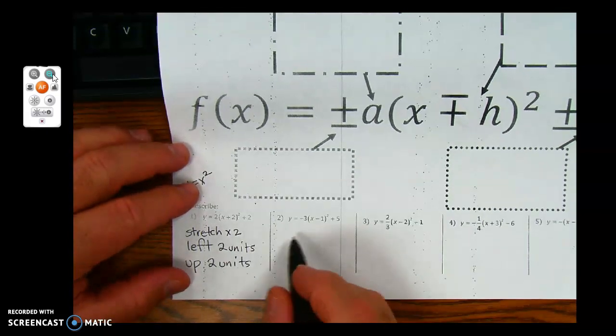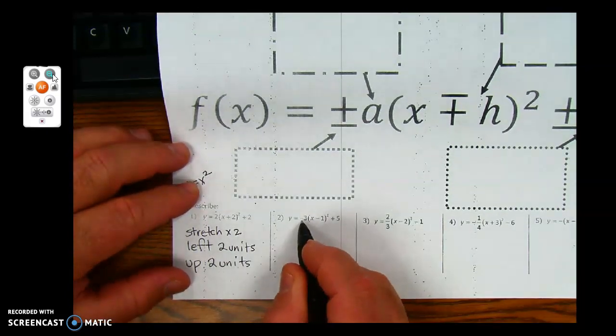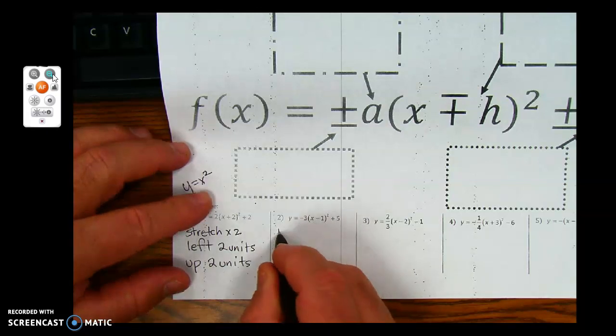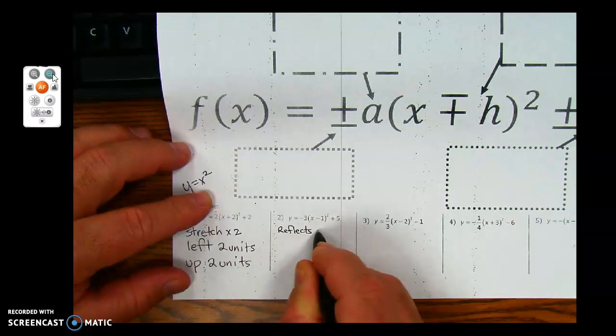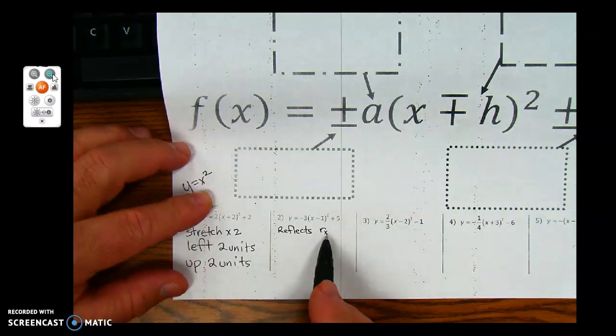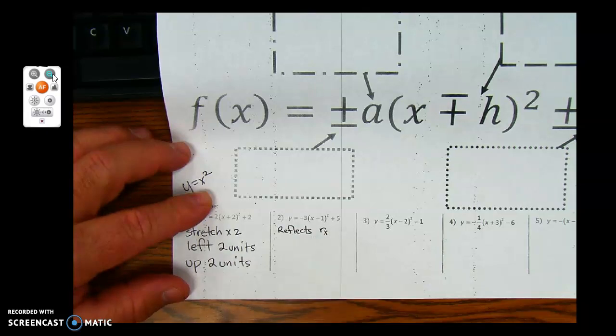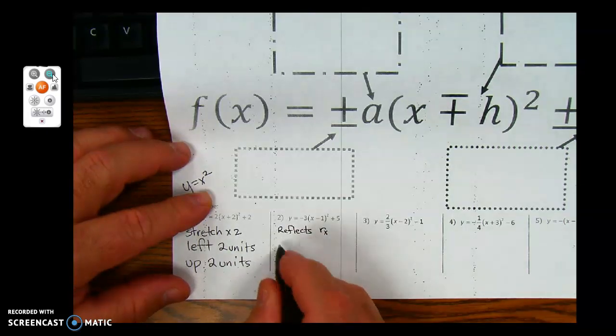Problem number 2. This negative sign in front of the 3 reflects the parabola over the x-axis. There's a reflection over the x-axis. This is a shorthand notation, lowercase r with a subscript x. That means reflects it over the x-axis.